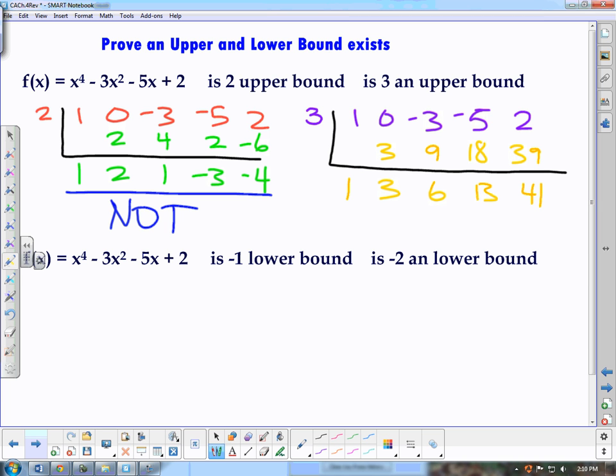All of these are positive, so yes, it is an upper bound, which means there's no root above that.